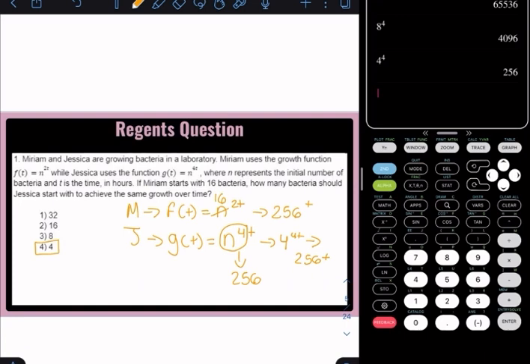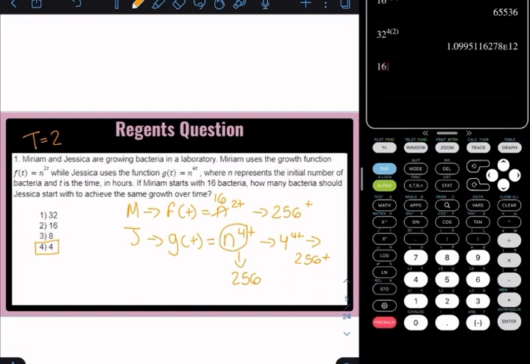Another way we can do this is we can make t equal 2. For all these problems, we're going to make t equal 2. So for the first one, if we have 16 raised to the 2 power, we would end up with that number. And now let's try each of the answer choices. If I try 32 to the 4th power where t is 2, that would not be the same number.